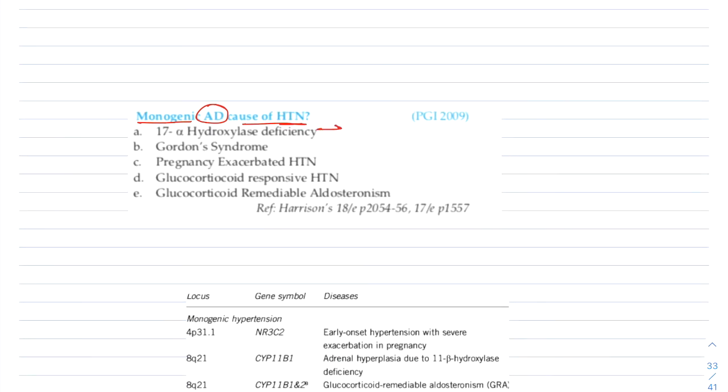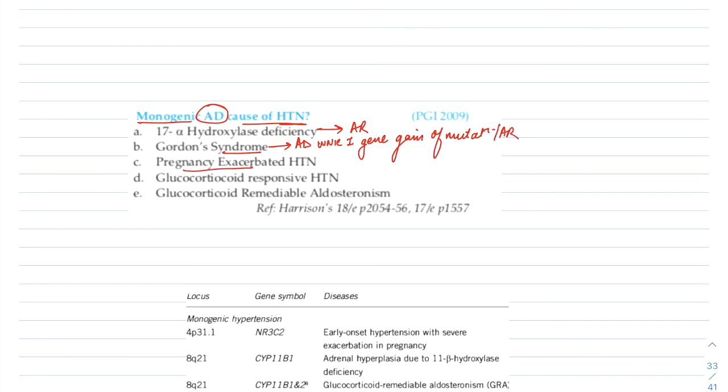So 17 alpha hydroxylase is autosomal recessive. Gordon syndrome, I told you that there are two forms: autosomal dominant, in which there is WNK1 gene gain of function mutation. Okay, so that is autosomal dominant. So it is inherited in autosomal dominant form, right? It can be autosomal recessive also.